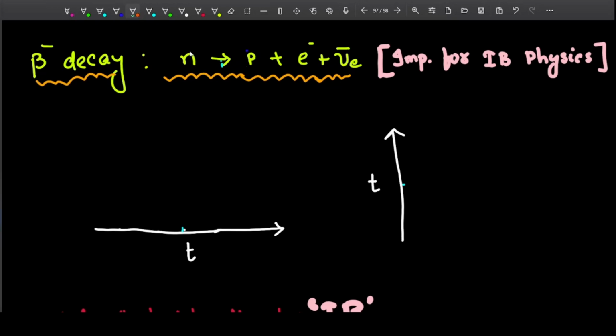Here this is your beta minus decay, where neutron is converted into proton. This is the main process, and during this interaction we have an exchange particle. What is the exchange particle for your weak decay? That is your W minus, because it is weak. Now this W minus gives you the rest 2 particles.